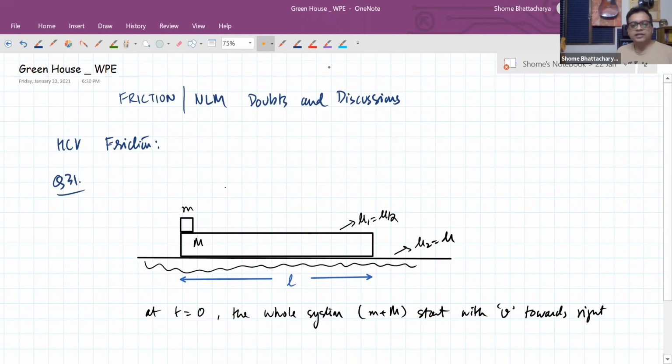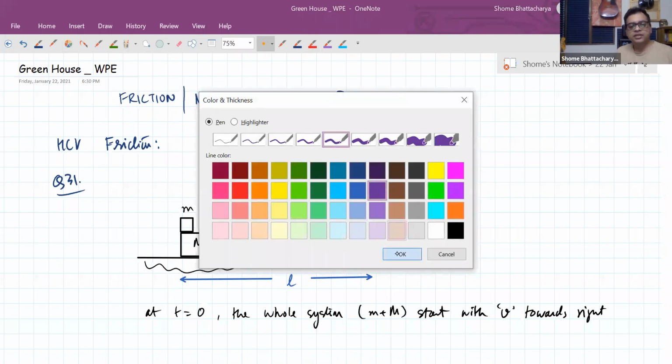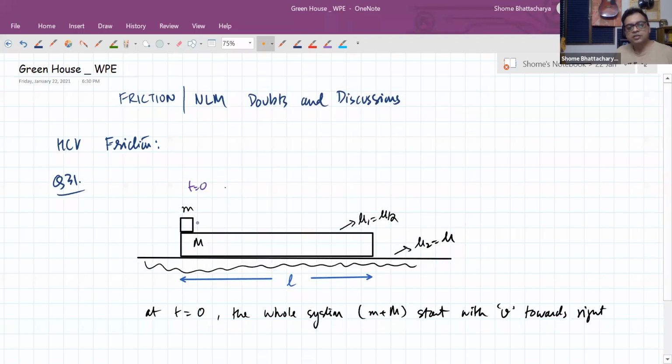As a result, at t equal to 0, when the motion starts, this block also has the horizontal velocity v, and this plank also has the horizontal velocity v with respect to the inertial ground frame. With respect to the observer on the ground, both the blocks have this common velocity v. So we have to find the time after which the smaller block separates out of the larger block.